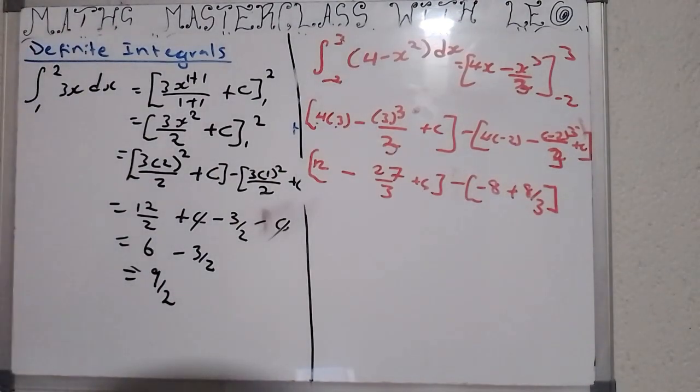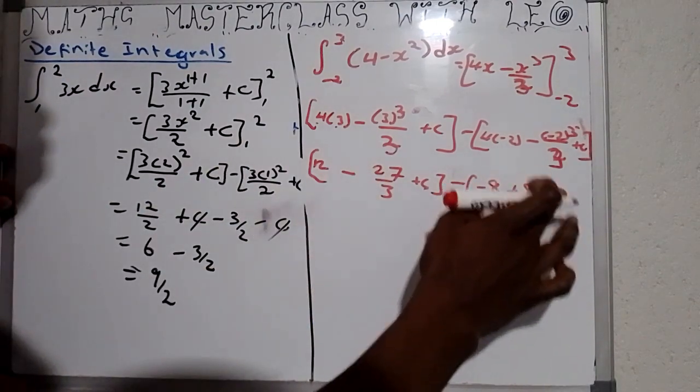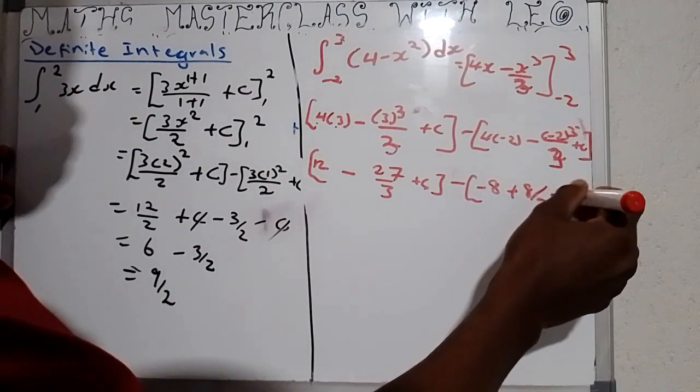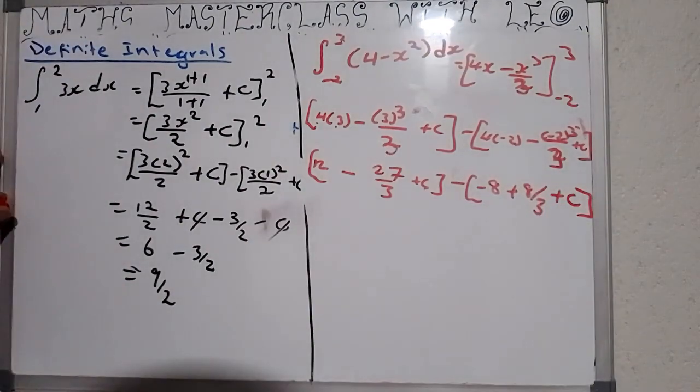Let me just prove it. Let me just get my calculator and check it. So definitely it is giving me that, but I always forget c. I don't know why. Plus c, right?